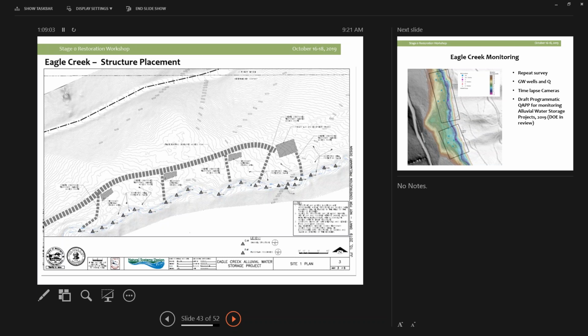Yep, and a bunch of exempt wells. And Eagle Creek typically goes dry, even in a non-drought year. There's a connection between the exempt wells adjacent to the creek and Eagle Creek surface waters.